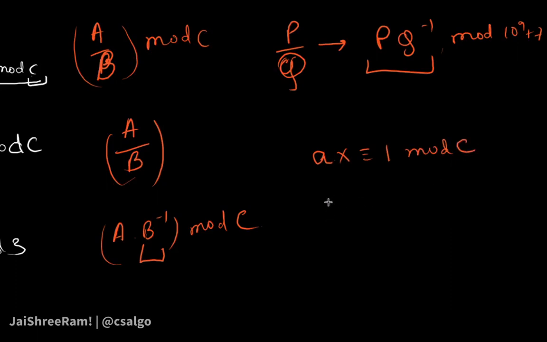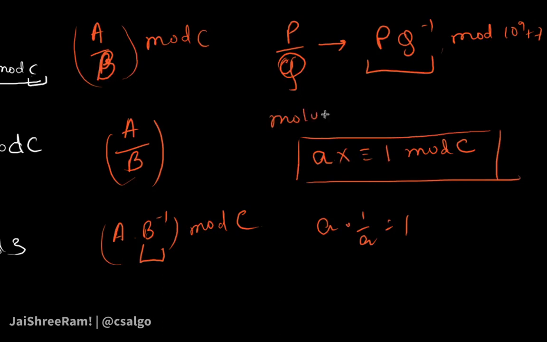Now what is an inverse in general terms? So a multiplied by 1 by a is equal to 1, right, in general mathematical terms. Now in modular arithmetic as well, a multiplied by its inverse is congruent to 1 mod c. You have to find such an x, so that will be the inverse of a.